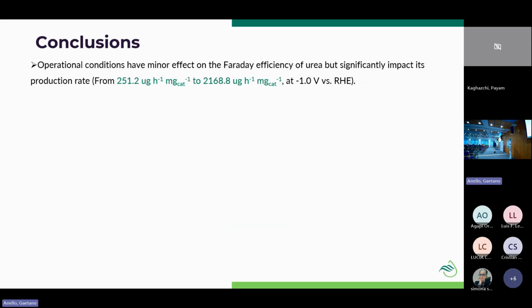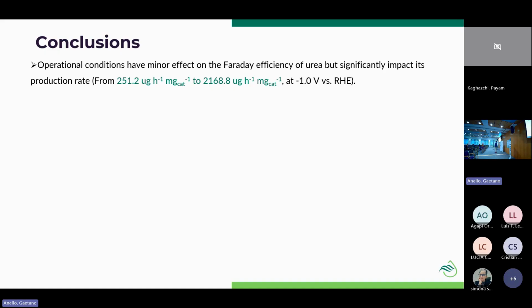Okay, so basically what we can conclude from this study is that there is an effect of the operational conditions on urea, but in all cases we still see relatively minor Faraday efficiency to urea. We're not able to reproduce those great Faraday efficiencies that you see in the literature, like the 60% Faraday efficiencies.